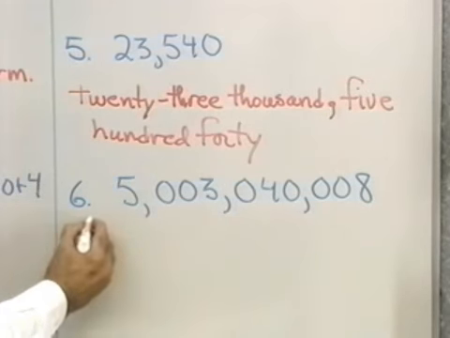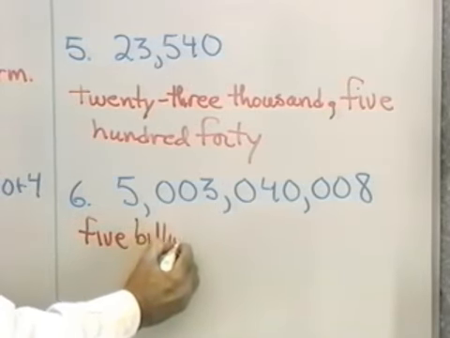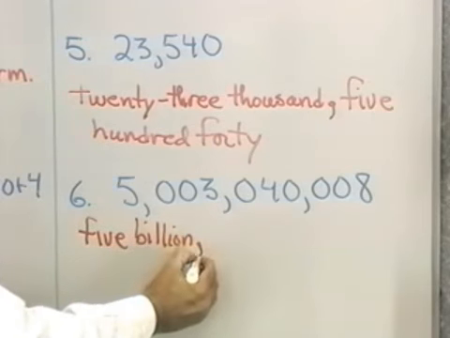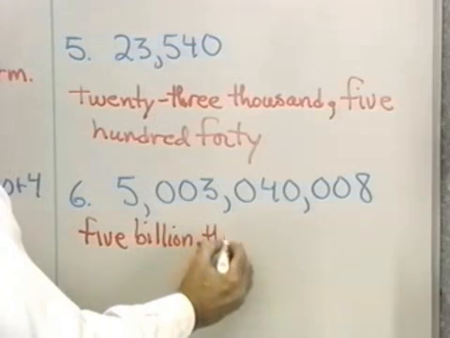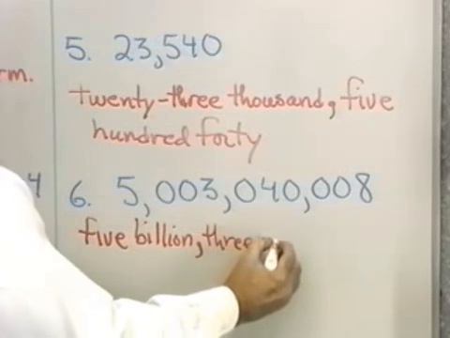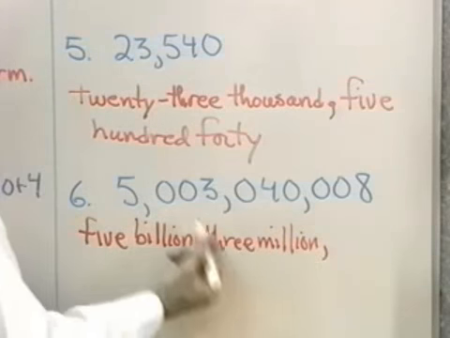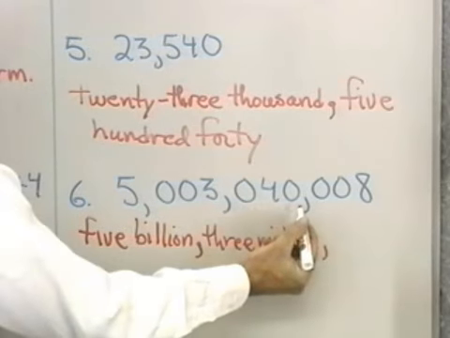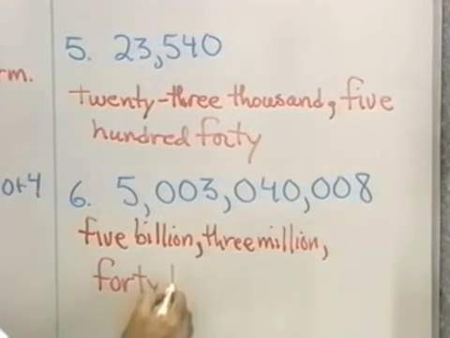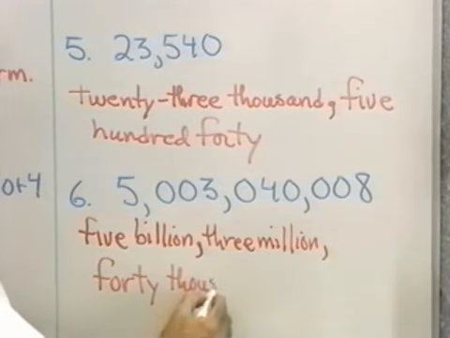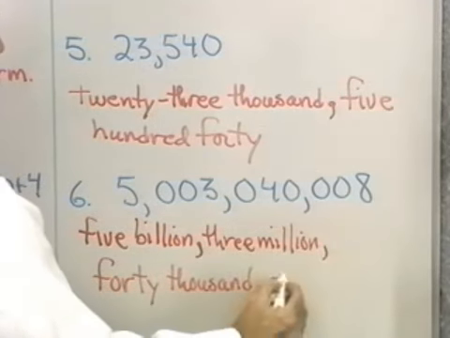So let's write this as 5 billion, comma, because there's a comma there, 3 million, comma, here I have 40,000, comma, 8.